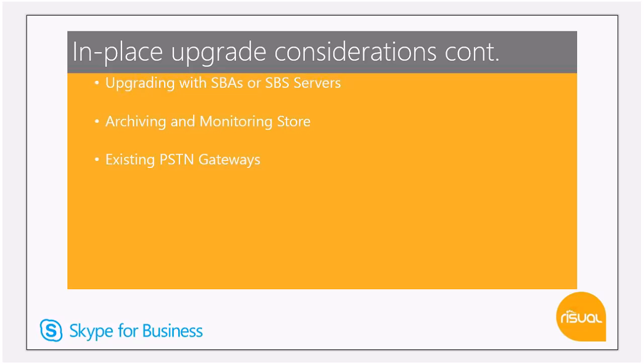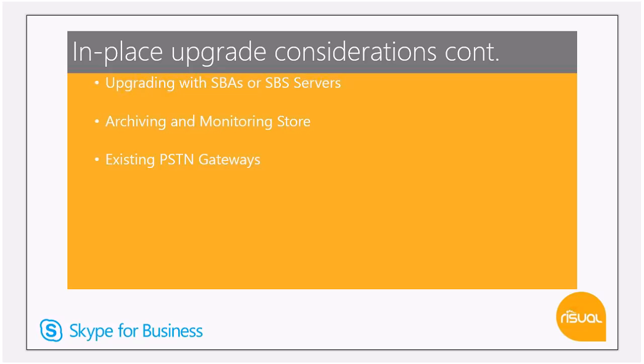Now, if you've got them associated and you perform an in-place upgrade, the process will simply upgrade the archiving and monitoring store on the existing SQL instance that's hosting it. Whereas you can choose at this point to start associating with SQL 2014, so you might want to consider moving your databases and your instances across to SQL 2014 and then reassociating with a new instance to leverage the latest and greatest.